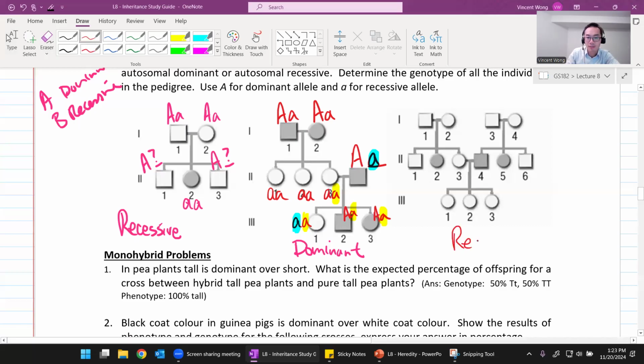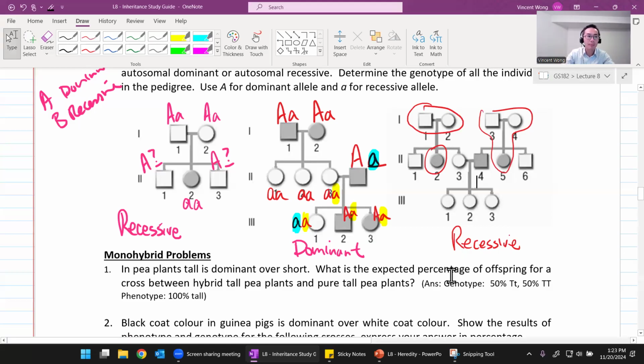This is recessive. Okay, how do you know? What's the dead giveaway that this is recessive? Well, the parents don't have it, but one of their kids does. Okay, same thing over here, right? Understand?